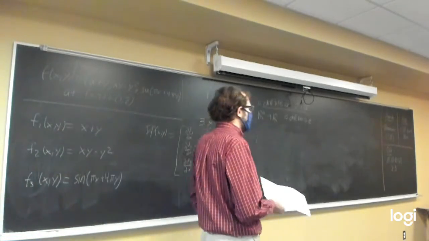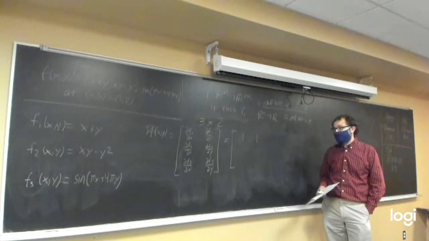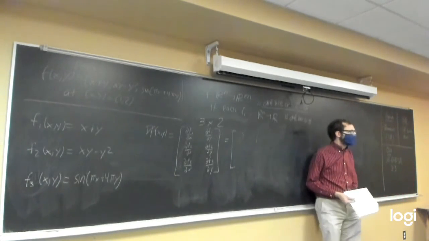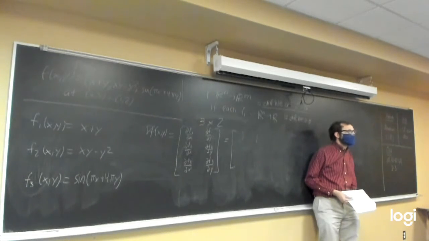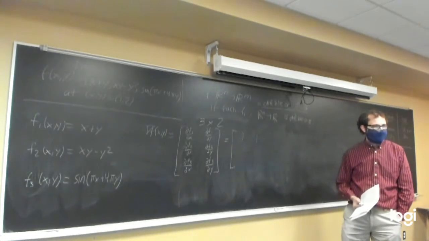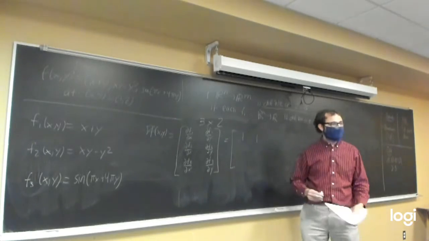How about the second row? Someone want to take a stab as to the partial derivative of f2 with respect to x? Jack, what do you think? Is it y and x minus 2y? I think, yes, I think so.